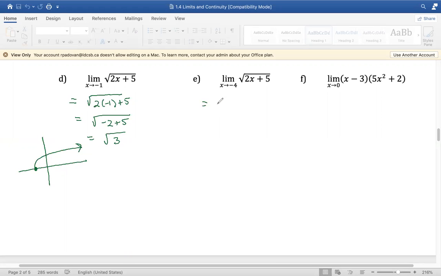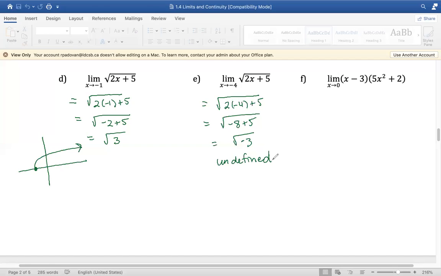So if I sub in -4 for x this time, I have -8 plus 5, which is now the square root of -3 and not +3. I can't have a negative root, right? I can't square root a negative, so this answer is undefined. So then it's not continuous.